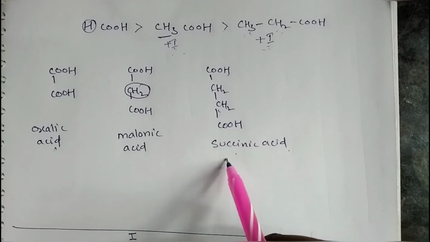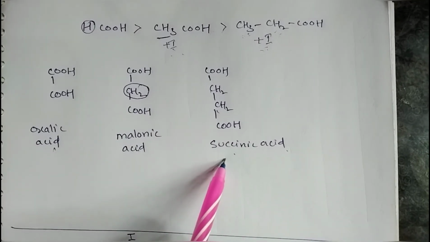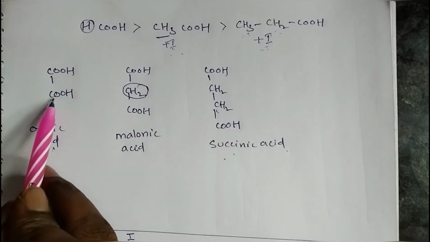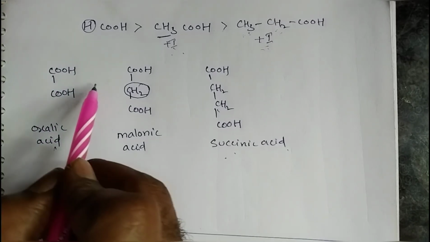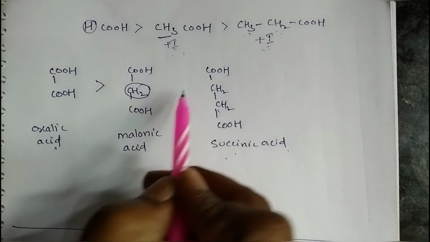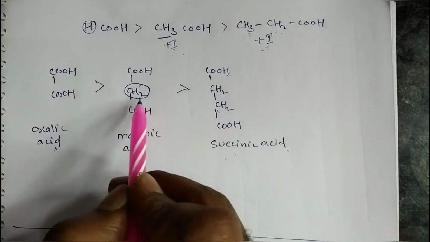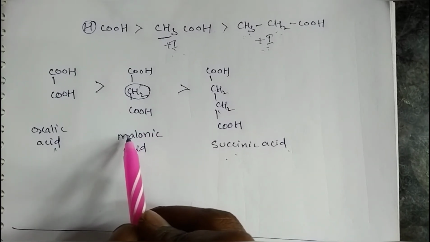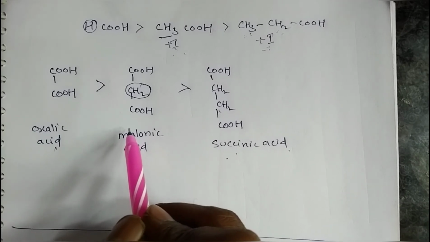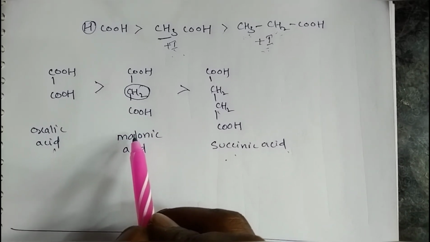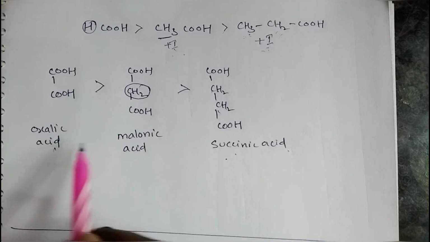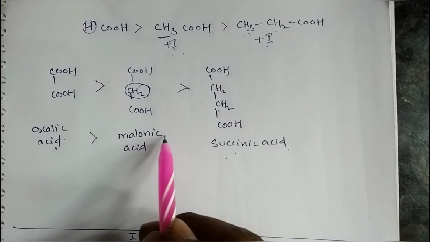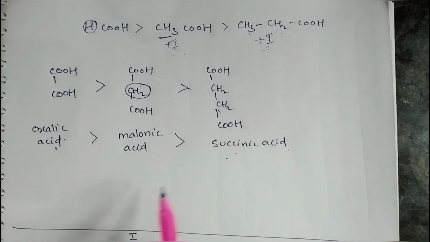So this one is the least acidic. Here there is no methyl group, so obviously this is more acidic than this one, due to the methyl group. Methyl group increases plus I effect, and plus I effect decreases acidic character. So oxalic acid is more acidic than malonic acid, and malonic acid is more acidic than succinic acid.